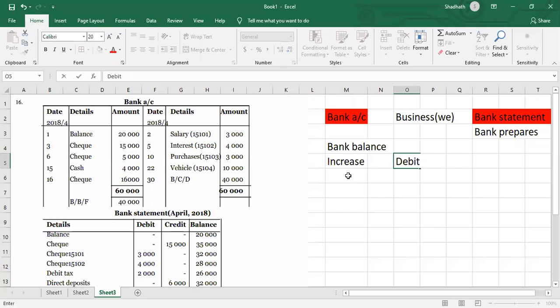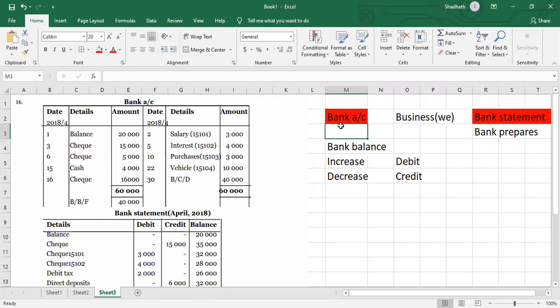When the bank balance decreases, it is the credit side. So the bank account rule is: when the bank balance increases, it is debit, and when the bank balance decreases, it is credit.